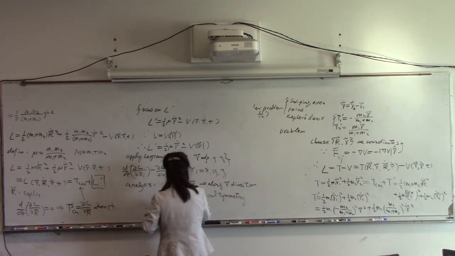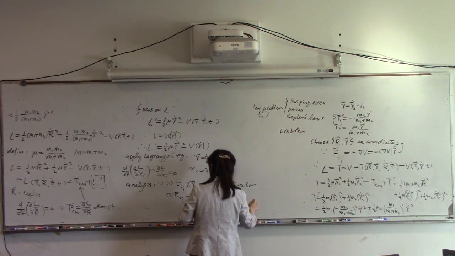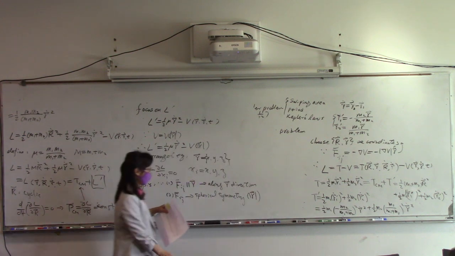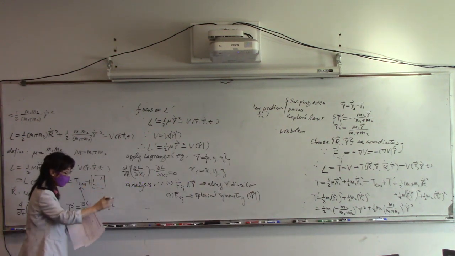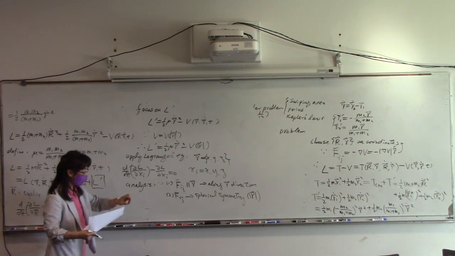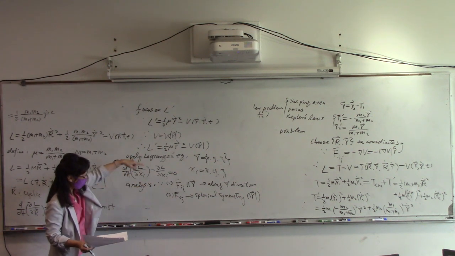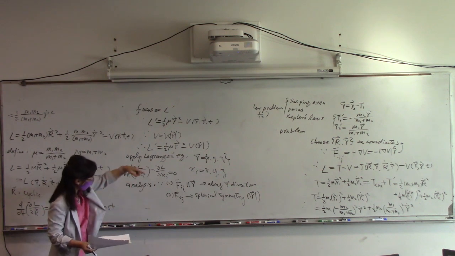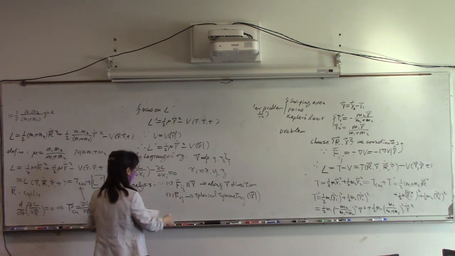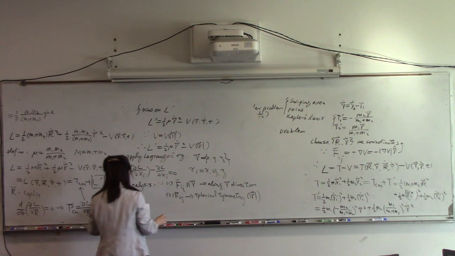That means the force is only a function of the magnitude of r. When the magnitude is the same, it has the same value, and if we change r, it takes another value, right? So that is spherical symmetry. That is how we define the central force.